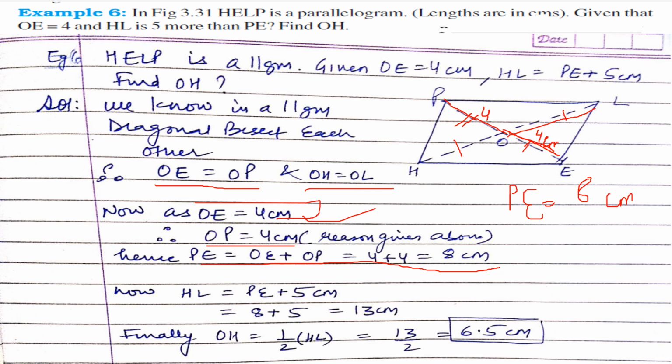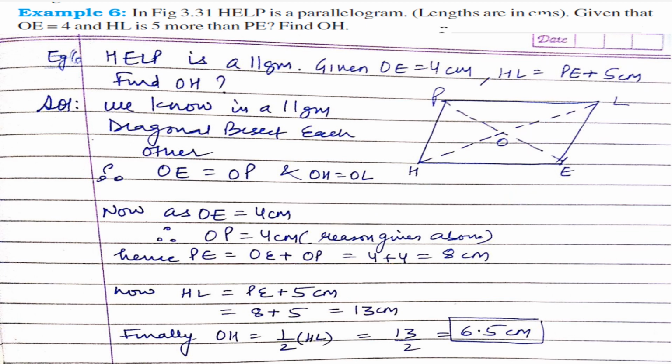Now the question is telling us that HL is PE plus 5 centimeter. That means HL is equal to PE plus 5. How much is PE? 8 plus 5, that is 13 centimeter. Now after getting this HL, what the question is asking from us is the value of OH.